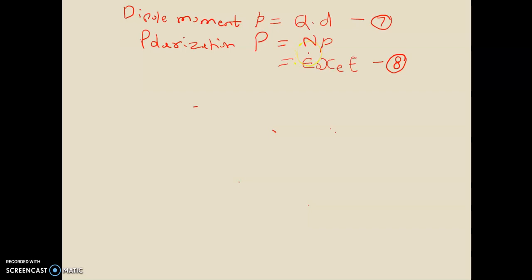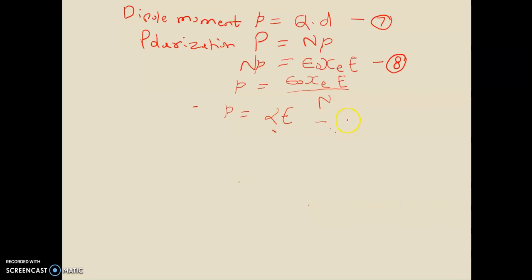So here you can substitute. Polarization means number of dipole moments per unit volume. So the dipole moment will be equal to epsilon 0 susceptibility Xe into E divided by N. That is the equation for dipole moment. But we have also seen that dipole moment is nothing but alpha into E. So what is alpha?